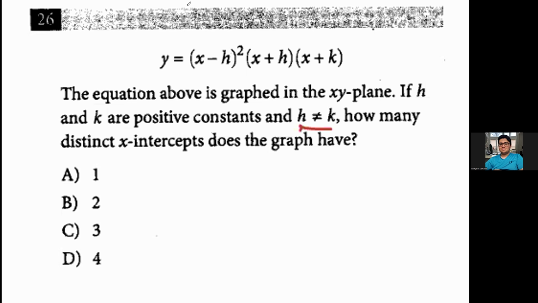Well, in this case, they already easily split it up for us, so we can just count.